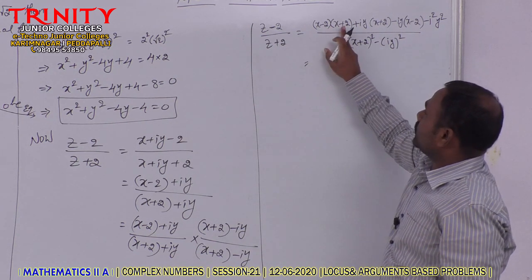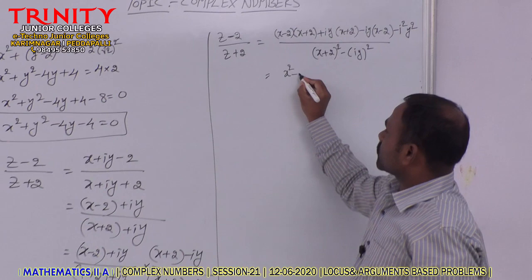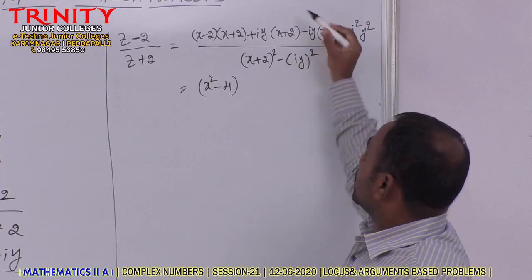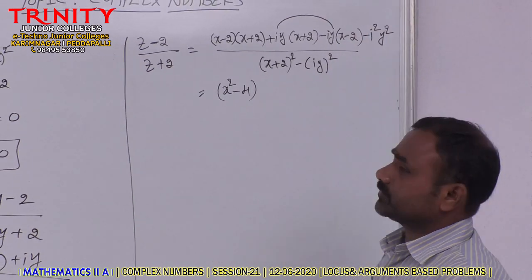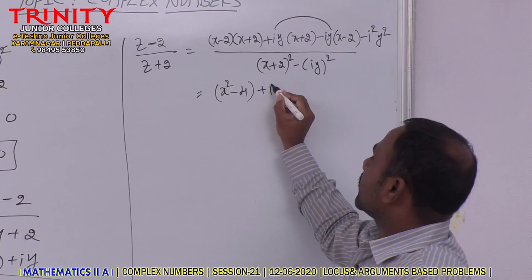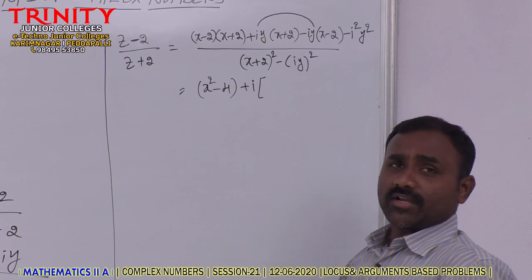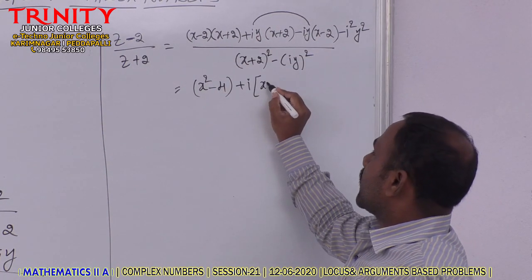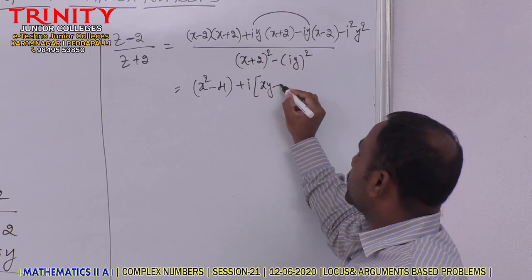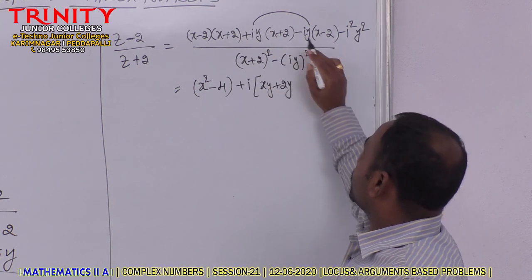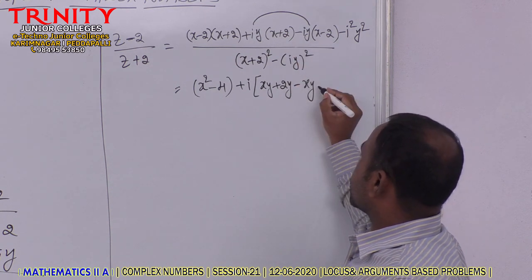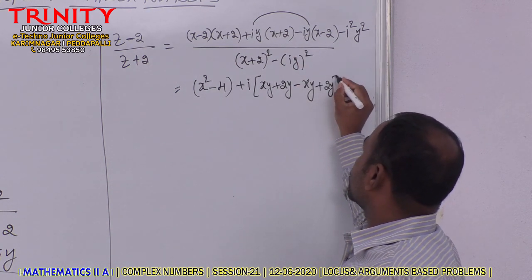Now (x minus 2) into (x plus 2) becomes x square minus 2 square, that is nothing but x square minus 4. In these two we can take i common. You can take iy also common, but I am taking i as common. Xy, x into y plus 2 into y, 2y minus xy minus of minus plus 2y.